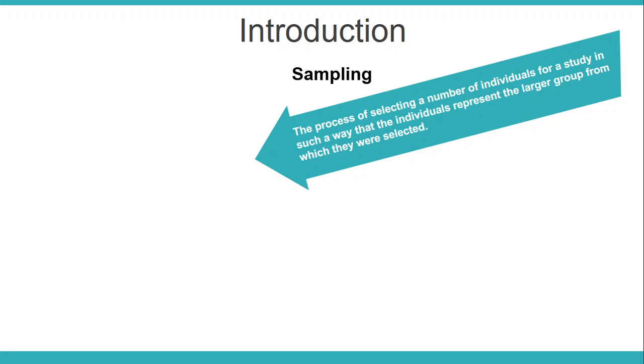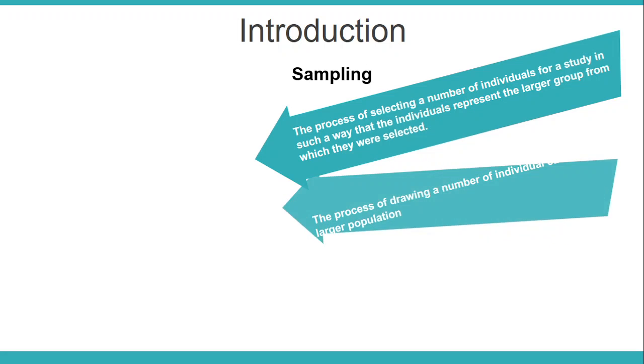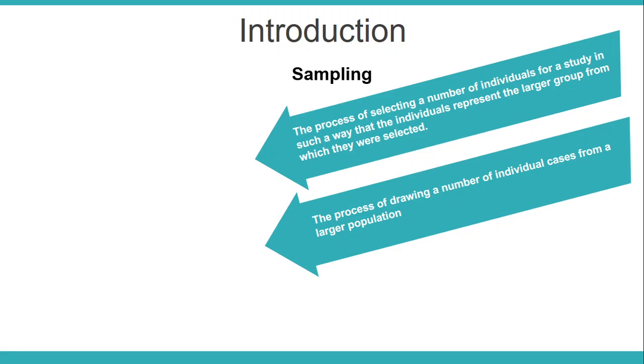As we discuss, sampling is a process in which we select a number of individuals or elements for a study in such a way that they represent the whole population, or the group of the population from which the sample was selected.